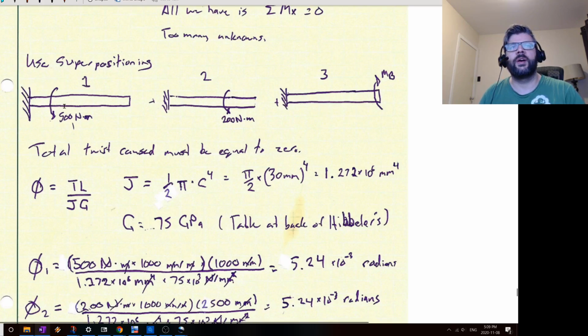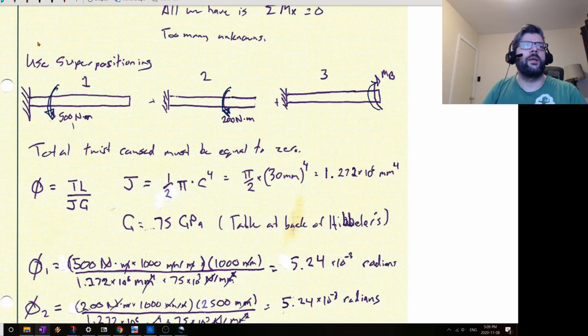So we'll remove the support at one end, and then we're going to have the one with the first load attached, that's going to be rotating there, the one over here, and then a rod that has just the reaction at B applied to it. And then we know that the total twist when we add these up needs to be equal to 0, because this end here doesn't change position at all.